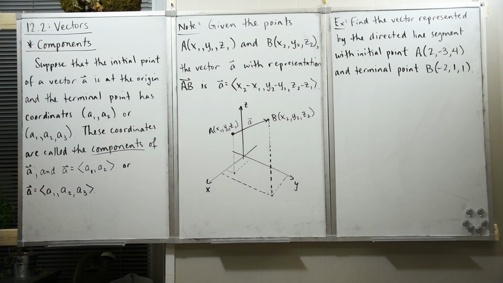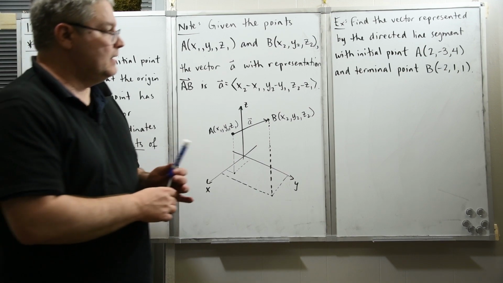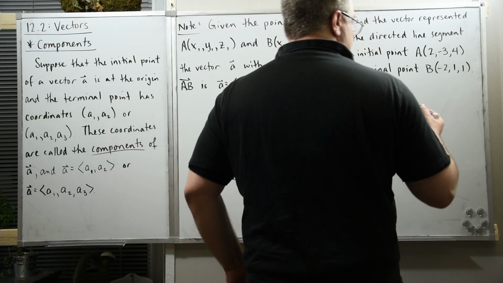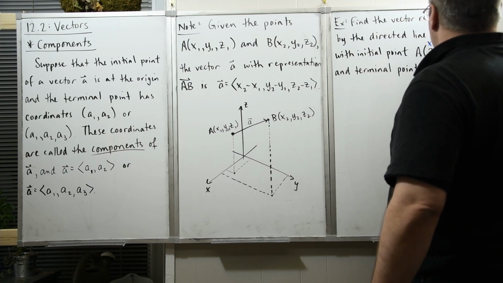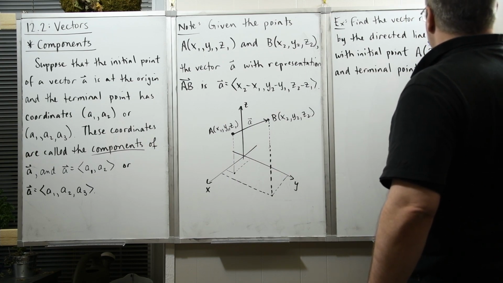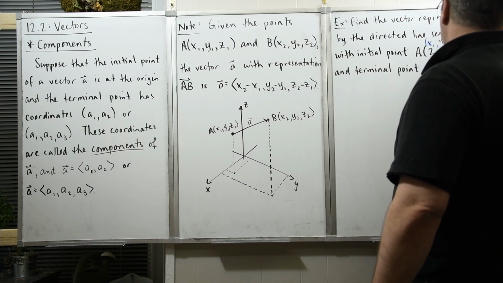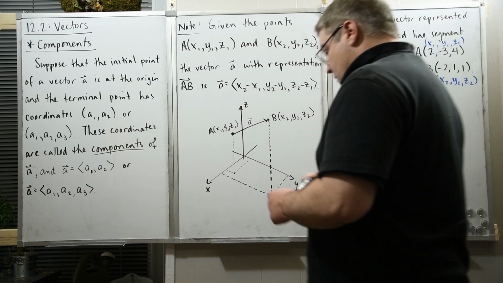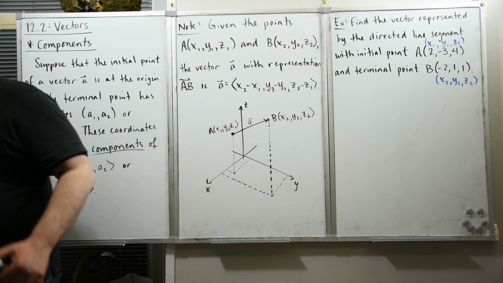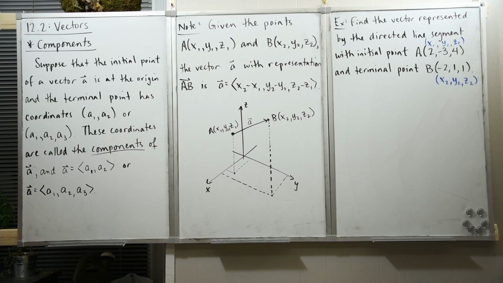All right. So once again, we're going to find basically the component form of this vector. And in order to do this, the initial point will have x1, y1, and z1 as its coordinates. Terminal point will have x2, y2, and z2 as its coordinates.